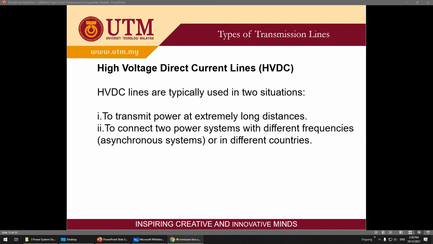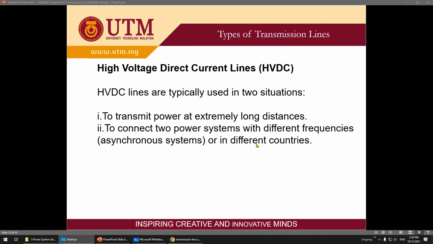For normal distances we usually use AC, but if it is very long, AC is not suitable because of the cost. The other is to connect two power systems with different frequency, such as unsynchronized systems or different countries. For example, in Malaysia we use 50 Hz, and if not mistaken, Thailand uses 60 Hz.